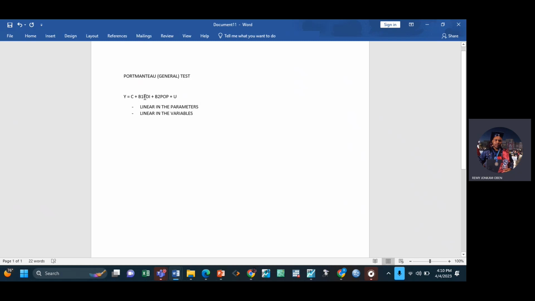For instance, here, FDI is the variable, but beta 1, the coefficient, is the parameter. So if we have a power more than 1 here, it means the parameter is not linear. But we can also have a power in the variable, right? But this is a linear model because all powers are 1.